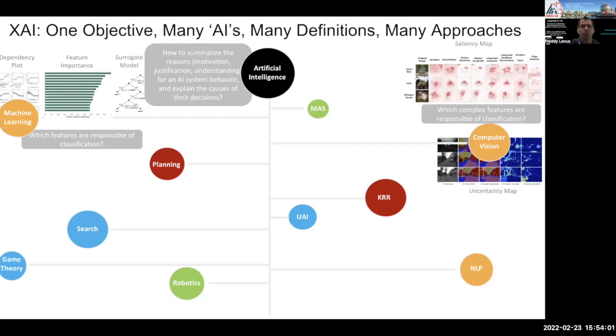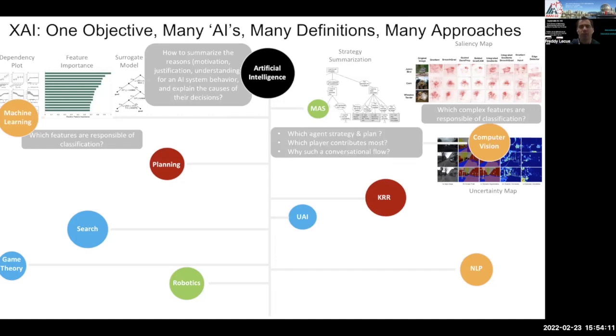In computer vision, I mentioned saliency maps, and you have dozens and dozens of techniques that cover different ways of showing superpixel importance. In multi-agent systems, again, many techniques try to summarize and explain how you end up with such an equilibrium in the agent system. What's the strategy?